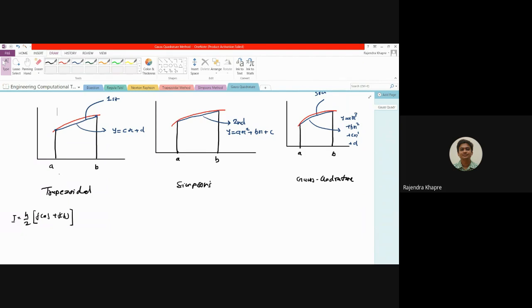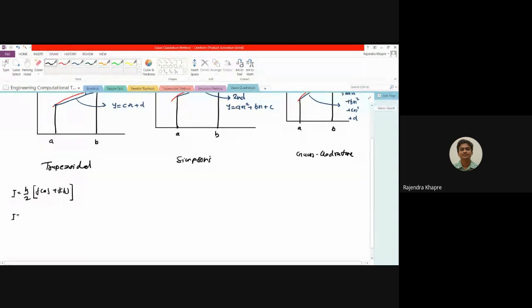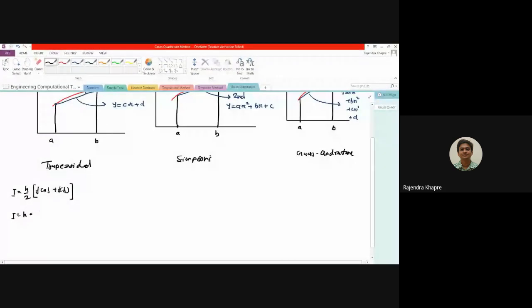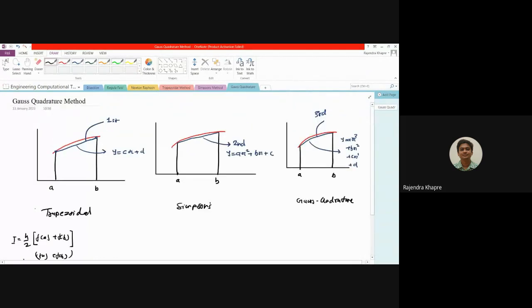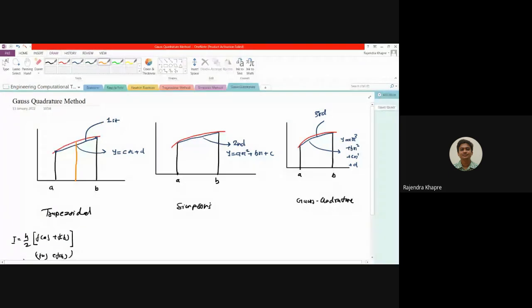So in short, if you rewrite this term, this is nothing but I equals h into f of a plus f of b, whole divided by 2. So when I say f of a plus f of b whole divided by 2, this means something like this: I am going to take the vertical point which is exactly in the center of this.